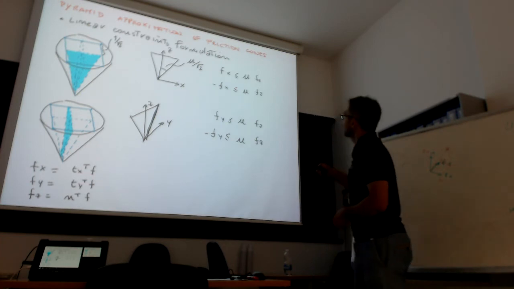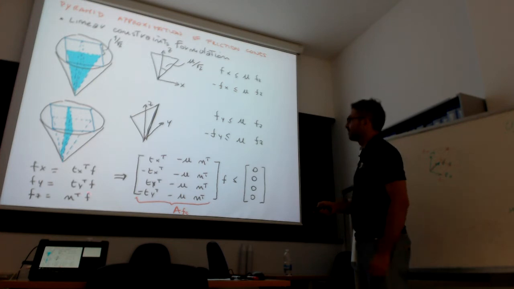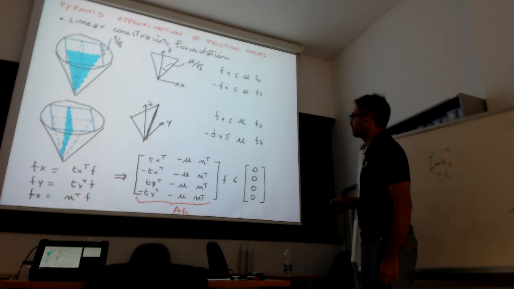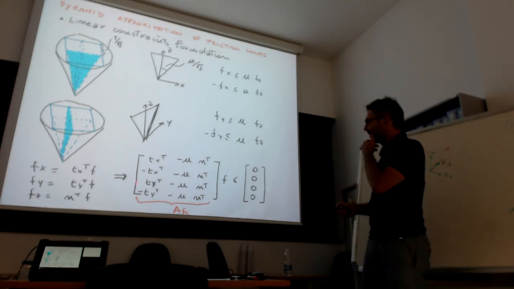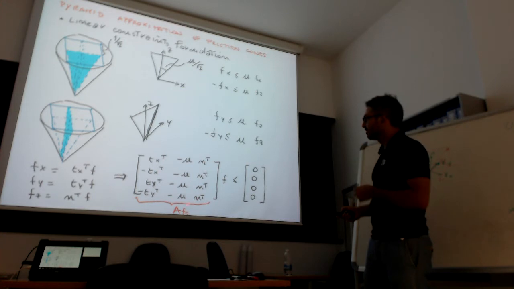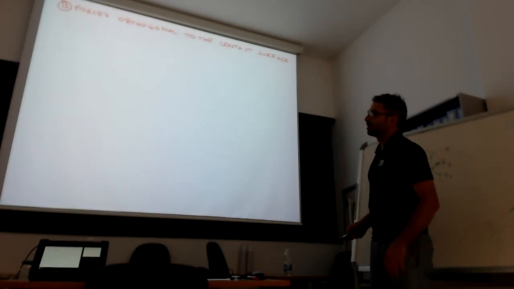To write this, in essence, you can write it in this form: just fx, which is f projected there, mu, and n transpose, which is fz. This is what we call the friction constraints matrix, AFC, and we use it in the linear optimization problem.